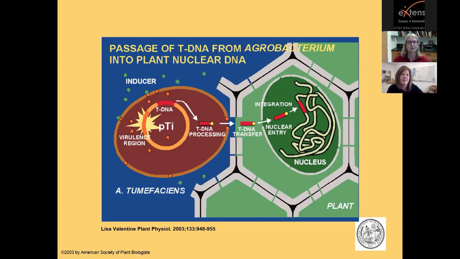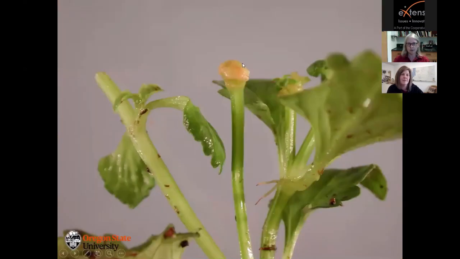It also produces cytokinins and other plant hormones that result in the massive overgrowth that we see with crown gall. Although it's called crown gall, that's sort of a remnant of where it was first noticed, but really the galls can form anywhere.